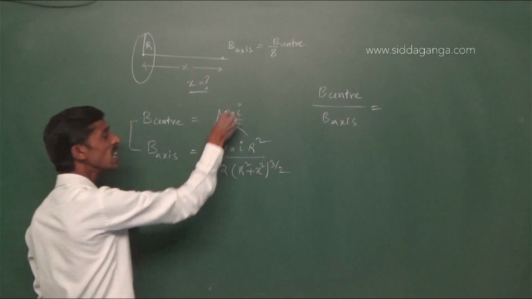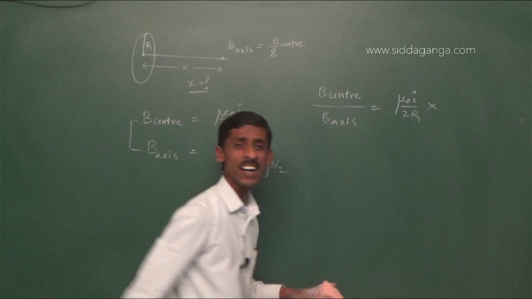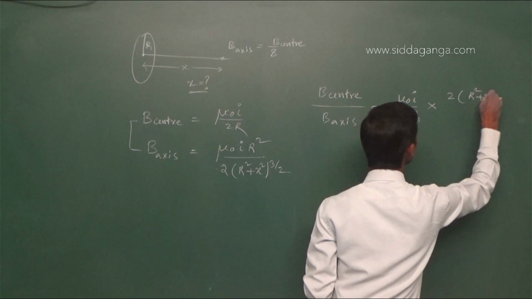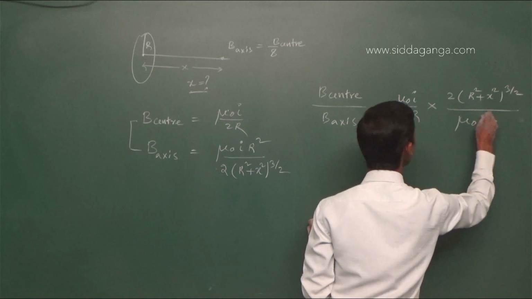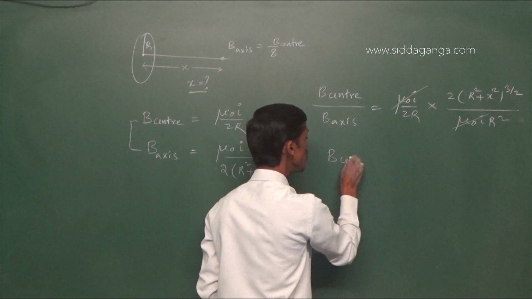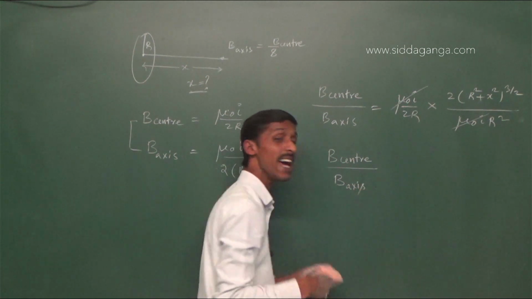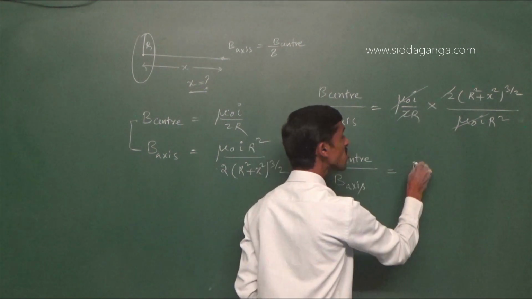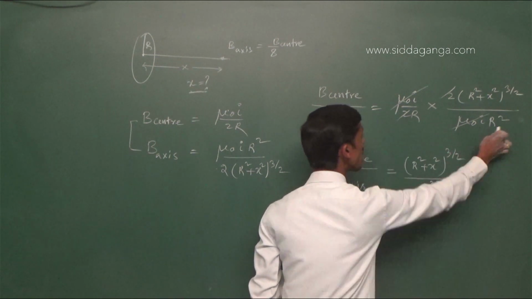There is a direct shortcut formula, but you need to know how it came, in case of doubts. μ0I cancels, 2 cancels, so the ratio is (r² plus x²) whole to the power of 3/2 divided by r³.